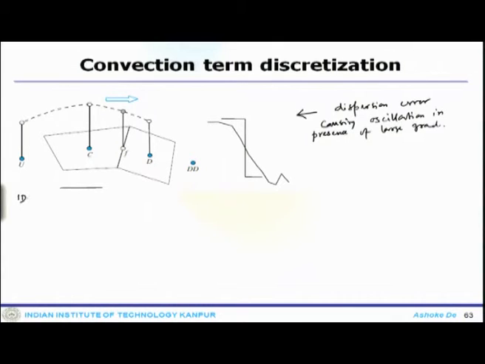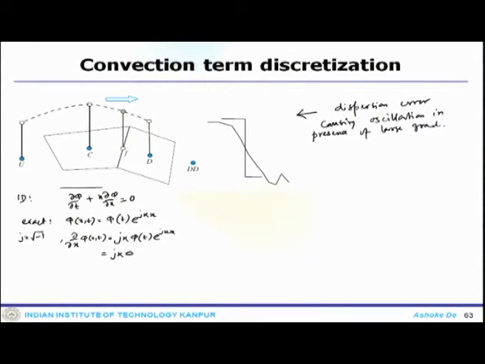Let us say in 1D, if you assume this is my unsteady scalar transport convection equation, then the exact solution would be phi(x,t) equals phi(t) e to the power jkx, where j is the square root of -1, and the exact value of the gradient becomes del phi(x,t)/del x equals jk phi(t) e to the power jkx, which is jk phi(x,t).